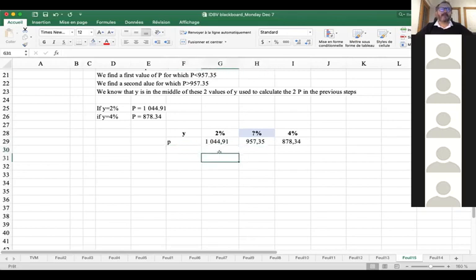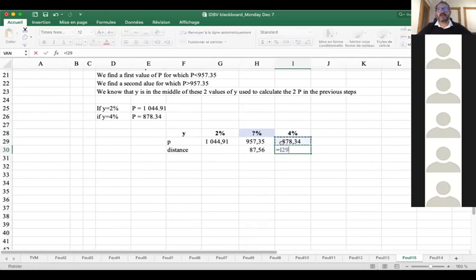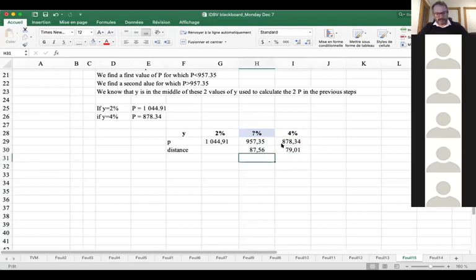So we're going to say, what is the distance here between this one and this one? It's 1044 minus 957, and so the distance here is 87, that's the distance between 2% and y.